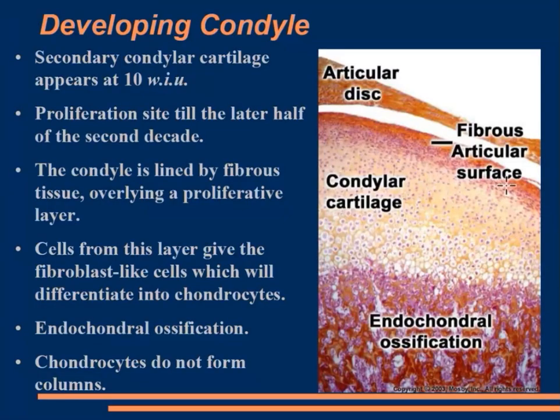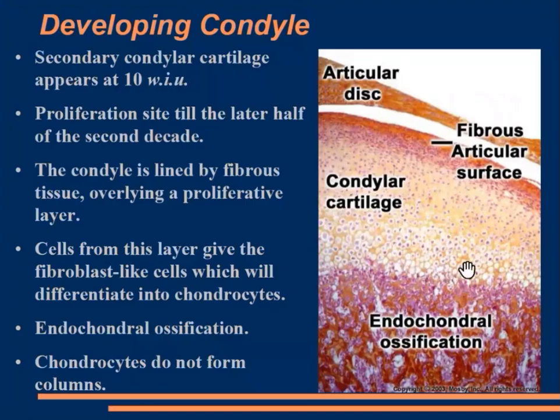Like the adult mandibular condyle, the child's is lined by fibrous articular tissue, and beneath it we have a proliferative layer of undifferentiated cells that are highly active. Cells here in the proliferative layer give rise to fibroblast-like cells that will differentiate into chondrocytes, which will then form secondary condylar cartilage.